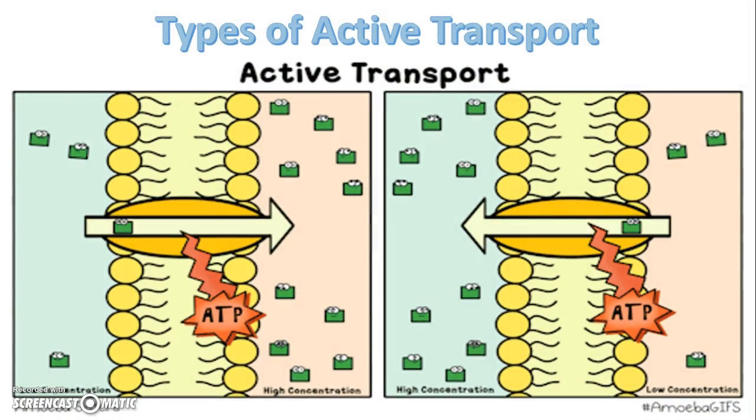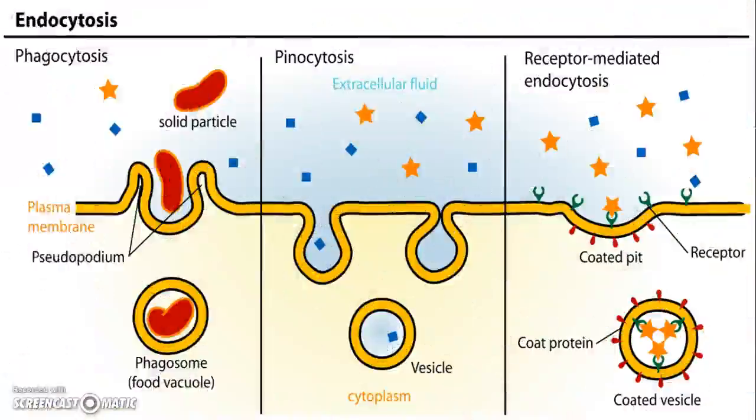Next are the types of active transport. To start off is endocytosis, which is when the cell membrane engulfs material and brings it into the cell. These are the kinds: phagocytosis, pinocytosis, and receptor-mediated endocytosis.